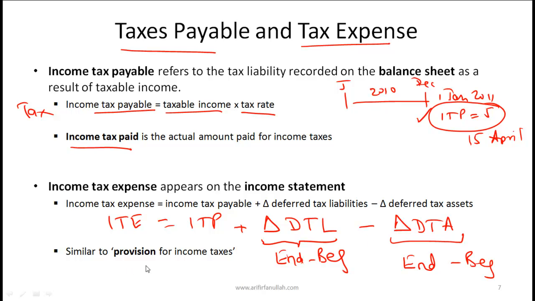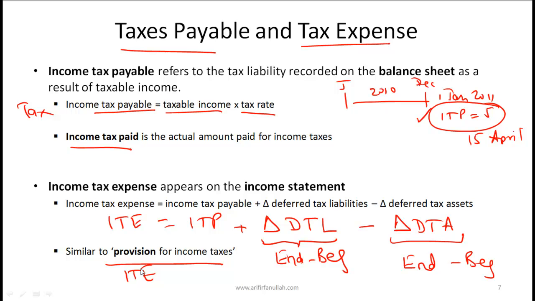An important point here, and this will come up in the questions at the end of the curriculum, is provision for income taxes. What we are calling income tax expense is sometimes referred to as the provision for income taxes. This is because the income tax expense is not the amount that you are actually paying.